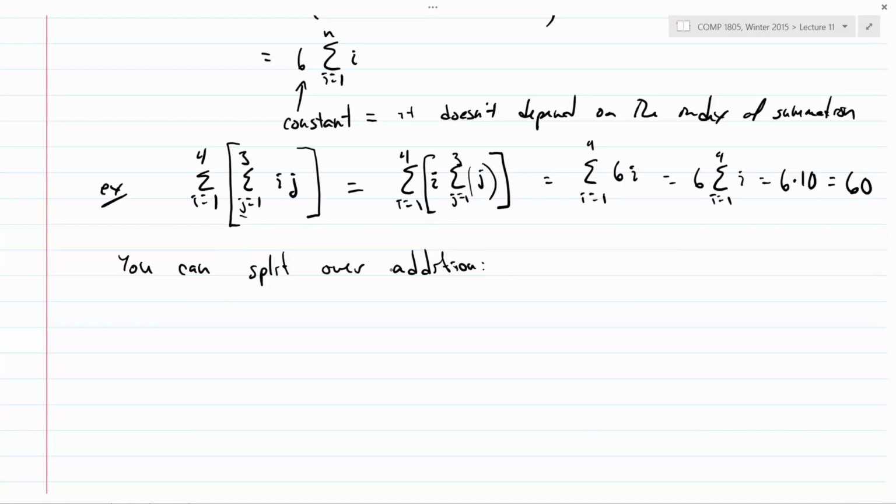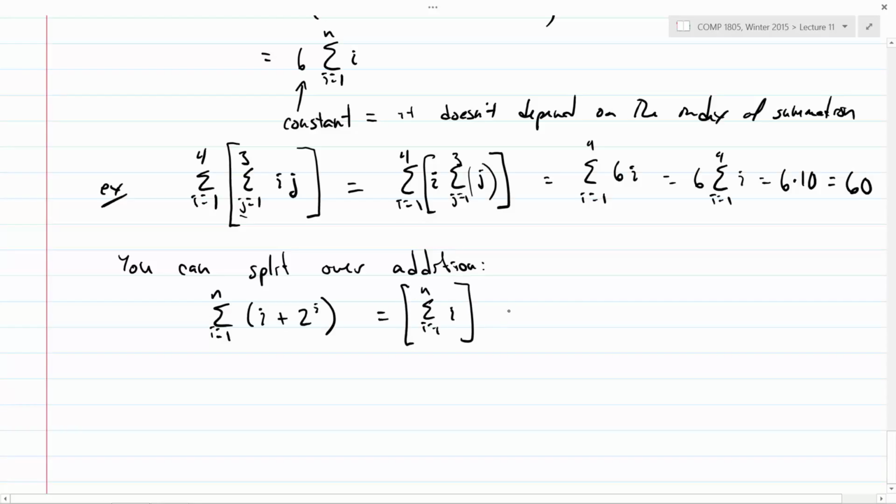Let's say we had something that looked like this. Let's say it's the sum of i plus 2 to the i. That's exactly the same as the sum from i equals 1 to n of i plus the sum from i equals 1 to n of 2 to the i.